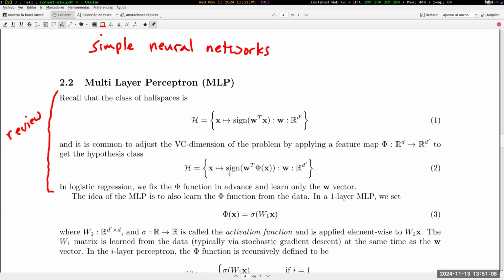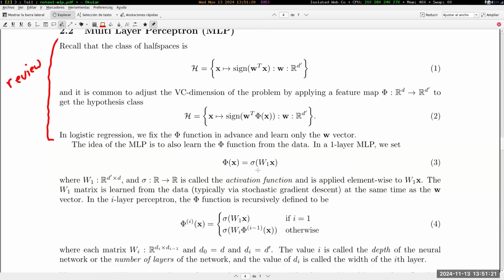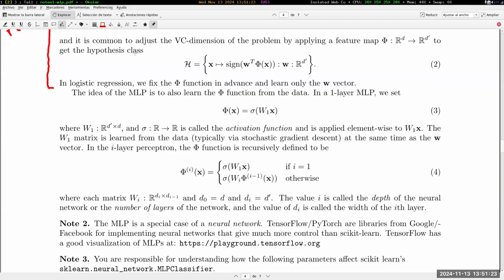The key idea of the multi-layer perceptron, though, is that if we are machine learning people and serious about learning things from data, then why should we hard code one of these phi functions and not just also learn the phi function from data? And so that is the idea of the multi-layer perceptron.